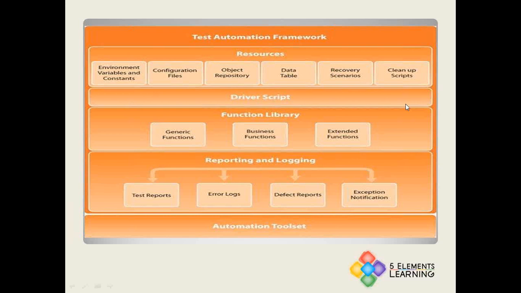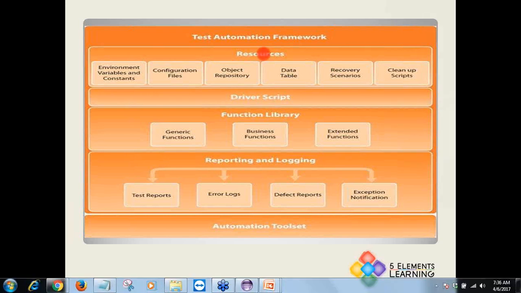Now, any good automation suite will consist of these layers. You will have a layer for resources, a function library, and a reporting and logging layer. The resources layer consists of environment variables, configuration files, object repositories, data repository, recovery scenarios, and cleanup scripts.